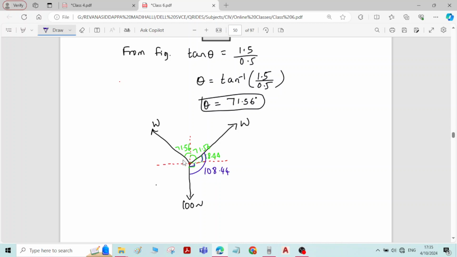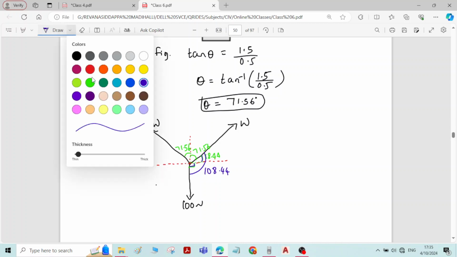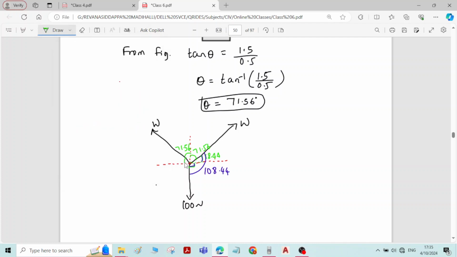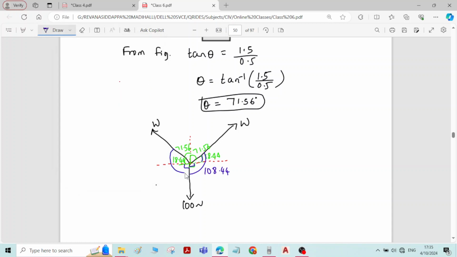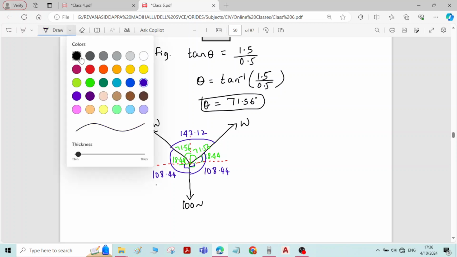On the other side also we get this angle as 18.44, so the overall angle is 90 plus 18.44, 108.44, and this angle is 71.56 plus 71.56, which is 143.12 degrees.